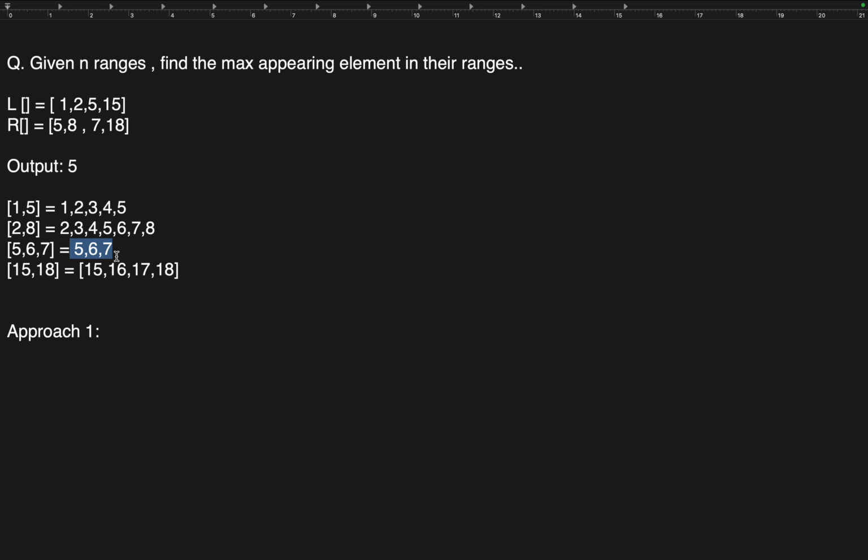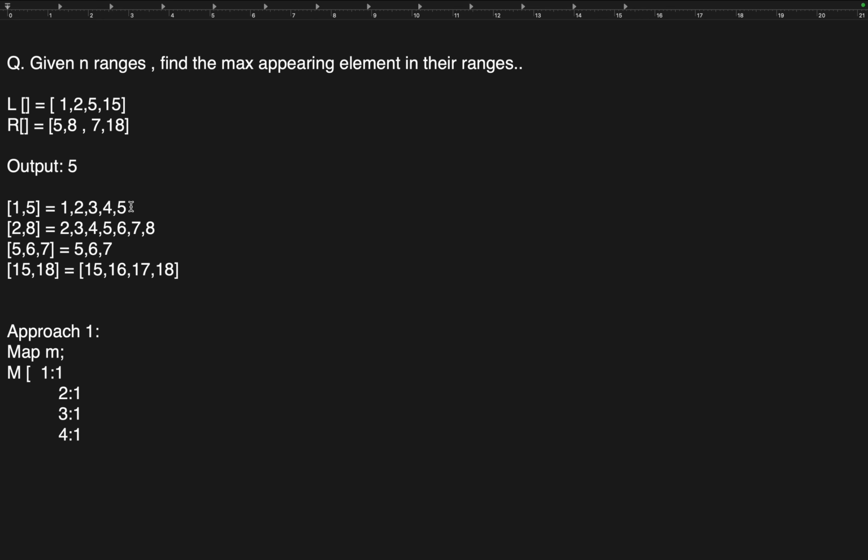If I use a map, I will store each element with its frequency. If 1 appears, update its frequency with 1, and if 2 appears, update the frequency with 1. If 3 appears, update with 1. Similarly 4 and 5 appear, update with frequency 1.